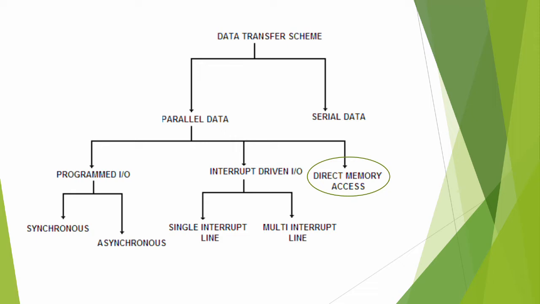Among parallel data transfer methods, there are programmed input output and interrupt driven, but both require intervention of the microprocessor, particularly the accumulator, in data transfer. So there is another method known as direct memory access, which will be shortly explained to you in the forthcoming time.